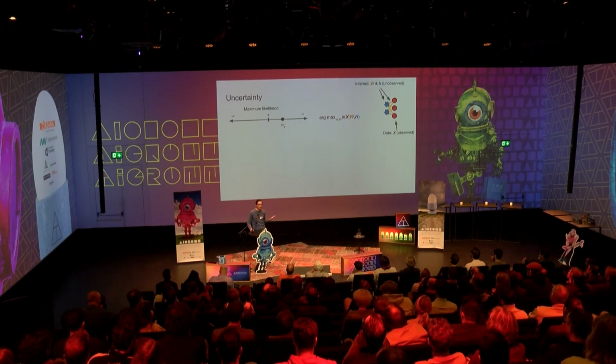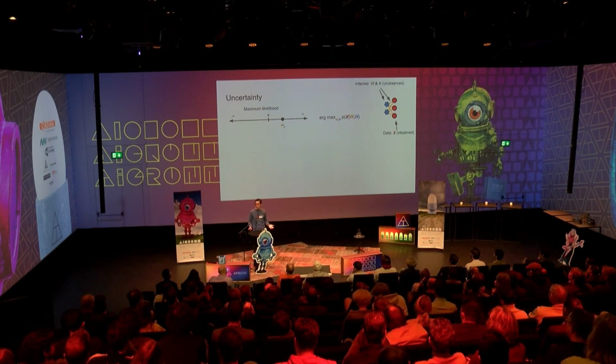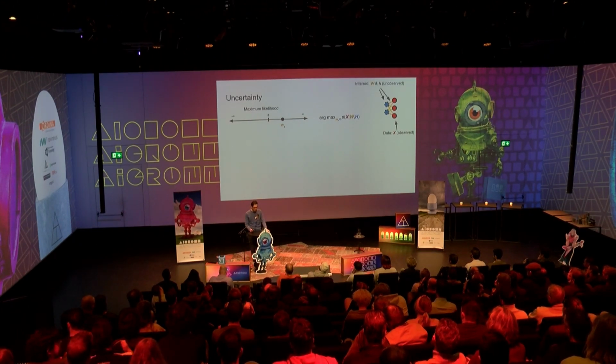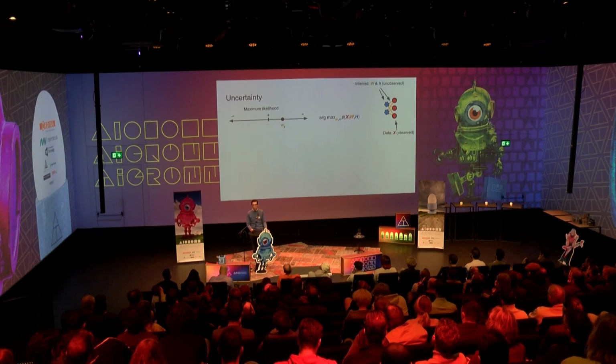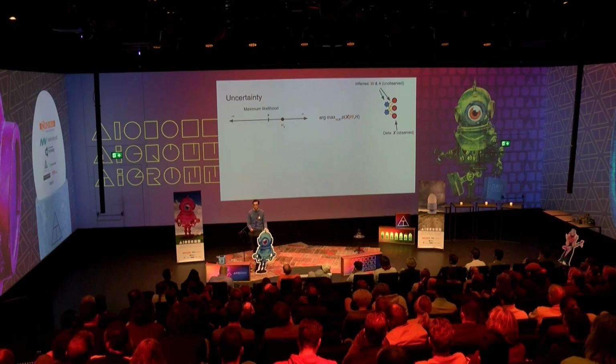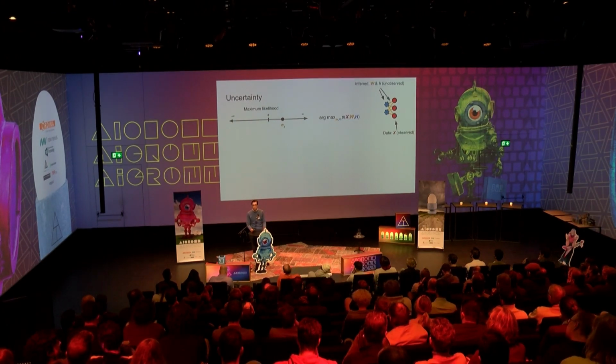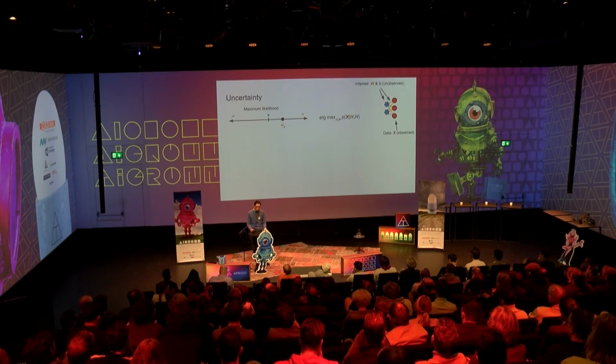Well, I'm sure many of you have trained a simple neural network. The way you do that often is you take your probability distribution with your data, and then you find your parameters which maximize your likelihood. And so what you get is just a point estimate of your parameters, for example your W's.